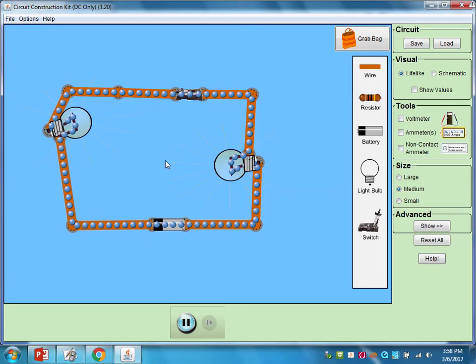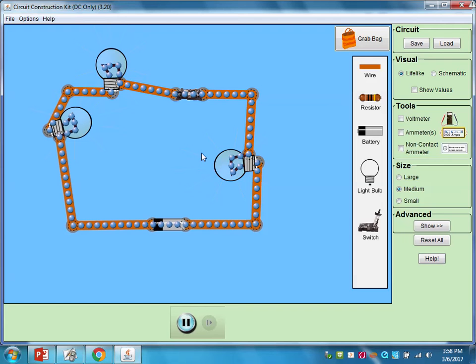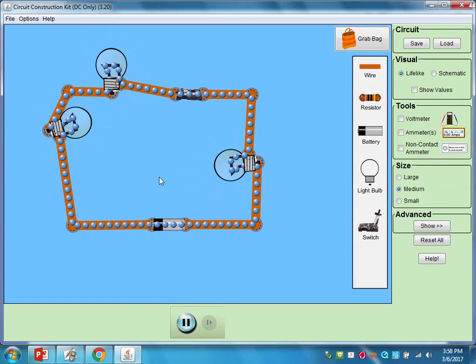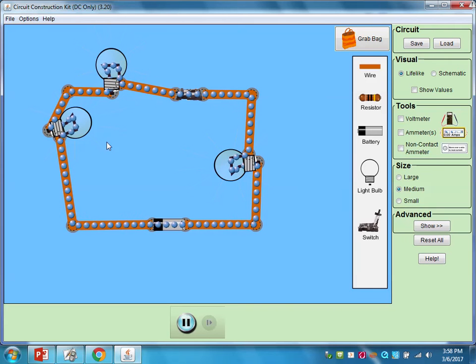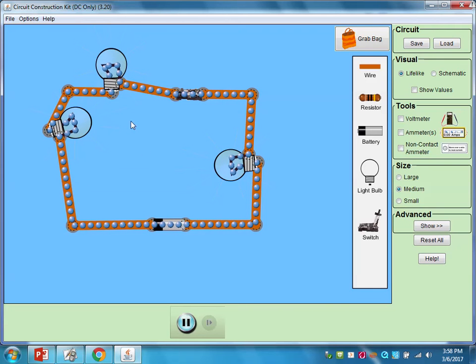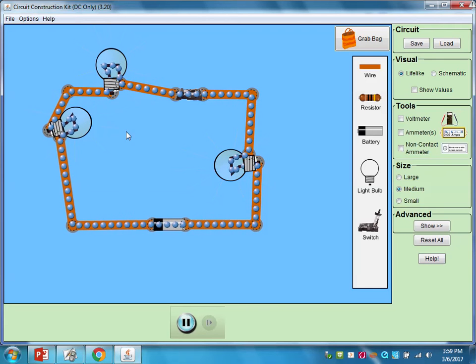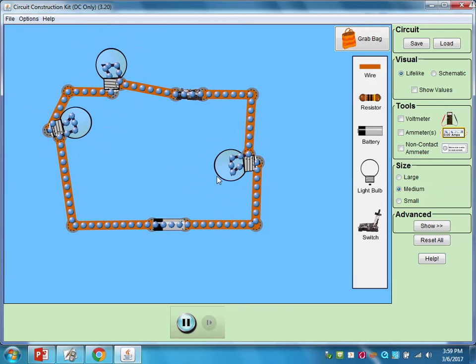You can see it's definitely a bit more dim. If I add a third light bulb, it's even more dim. That's because they have to keep on splitting that voltage. They all share the same current, but they're splitting the voltage into smaller and smaller fractions, which produces less and less power. Brightness depends on power.